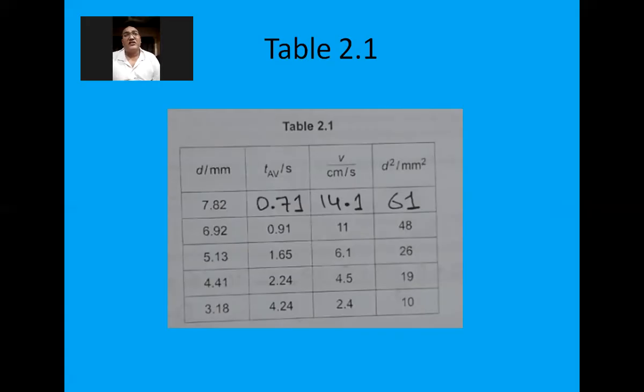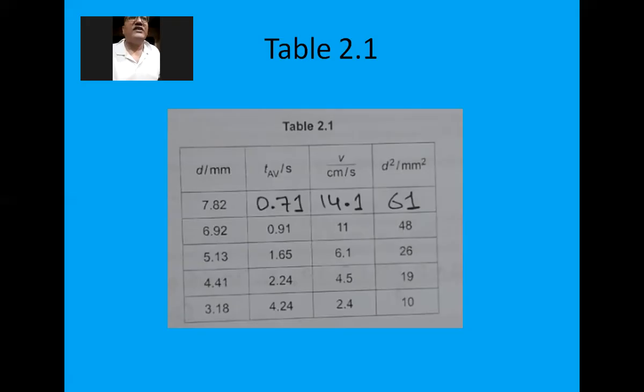So the reaction time as compared to the time you are measuring is quite large, so it will have a lot of effect on it. When the spheres are smaller, the time they take is larger. So the reaction time as compared to the time to be measured is smaller, so its effect will also be smaller.